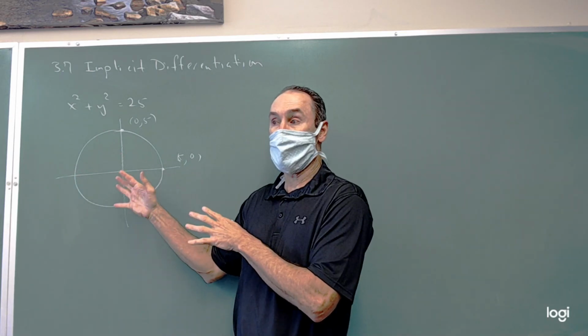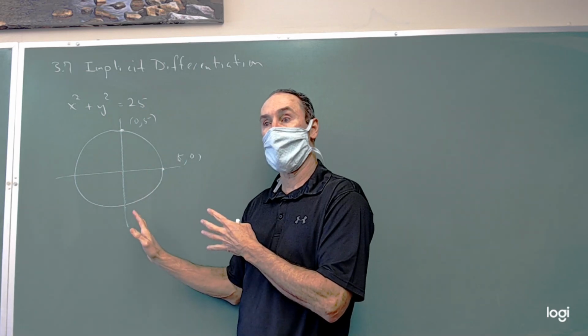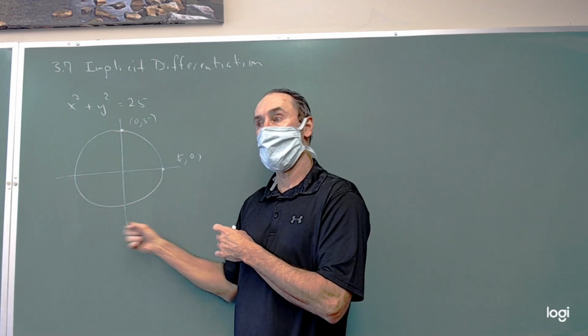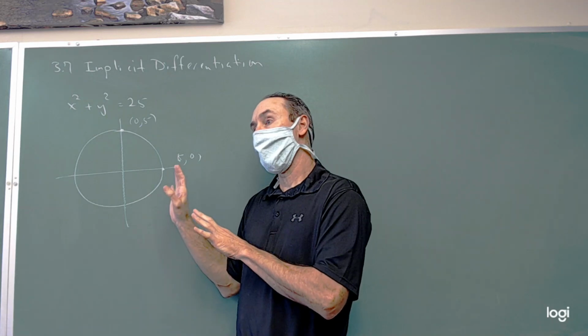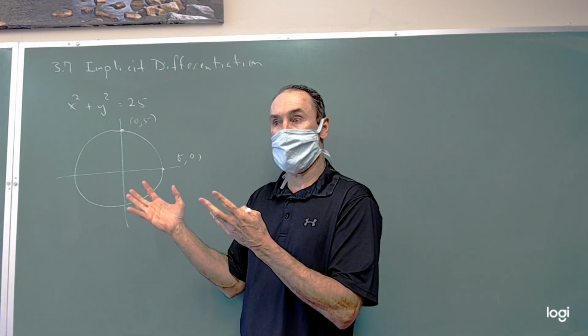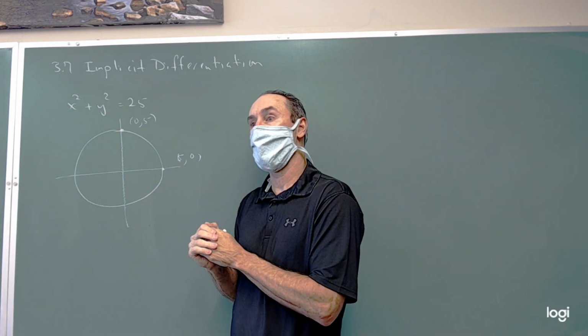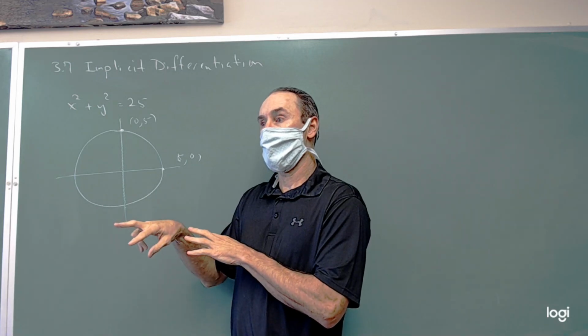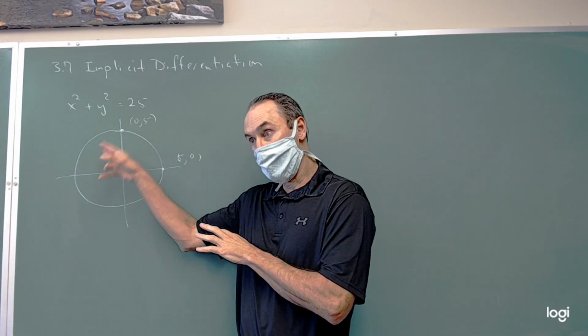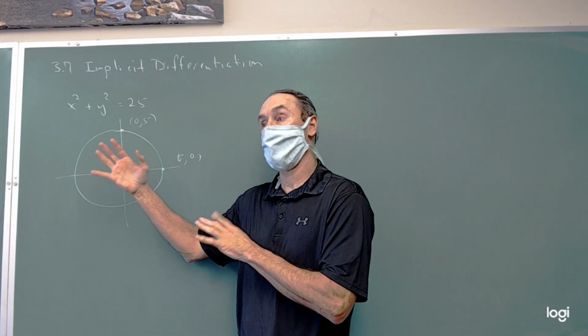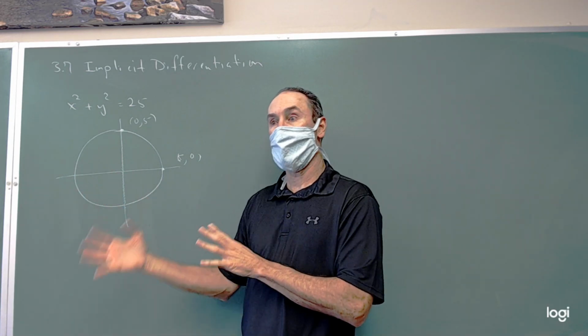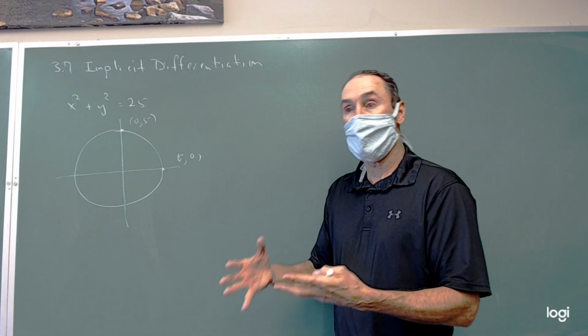Because the whole circle isn't just a function, it fails the vertical line test, but it's really two functions. Then I'm going to find its derivative, and we'll find it at, say, 3, because that's easy to evaluate. And then I'm going to come back and show you how we're going to do this with implicit differentiation, that strategy or technique, and see that we get the same thing so you can kind of believe it and trust in it.